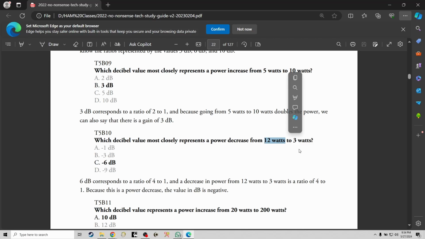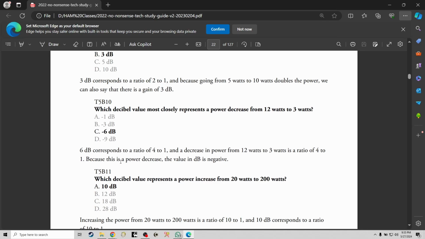Remember we said when you have a 3 dB gain, you doubled your power. So if you have a 3 dB loss, you lost half of your power. So you're halving your power twice, going from 12 watts down to 6 and then down to 3. So a 6 dB corresponds to a ratio of 4 to 1, and decreased power from 12 to 3 watts, because the power decrease value is negative.